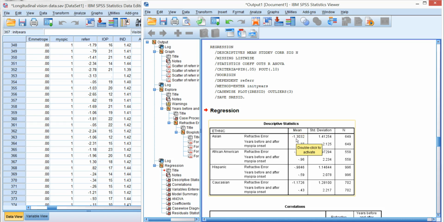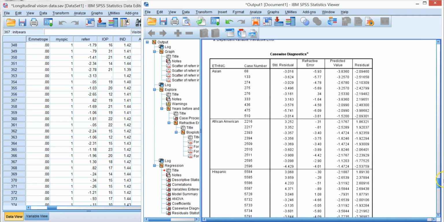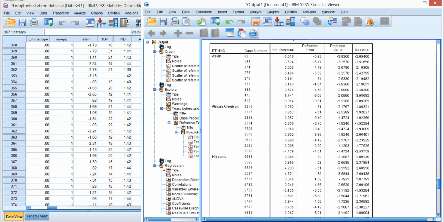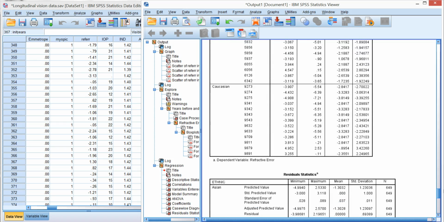If this person is Asian, we would look at their ethnicity, and then replace it with the mean plus 3 times the standard deviation. That would be the new value. That's a trimmed way of handling outliers. You can see there's a few.